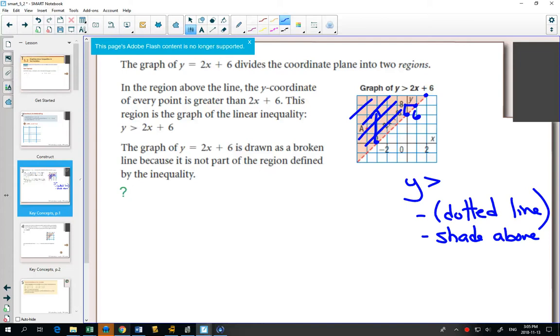You take any point on the line, above is up, below would be down. You shade above the line, you shade that part. And that's the graph. If you had y is less than, you're still going to have a dotted line, but now you're going to shade below.